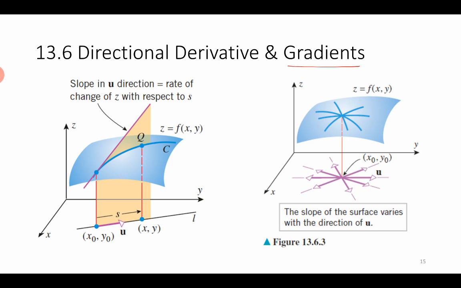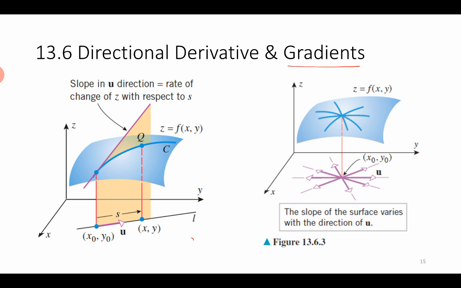In this session we extend the concept of a partial derivative to the more general notion of a directional derivative. We have seen that the partial derivatives of a function give the instantaneous rate of change of that function in the directions parallel to the coordinate axes.